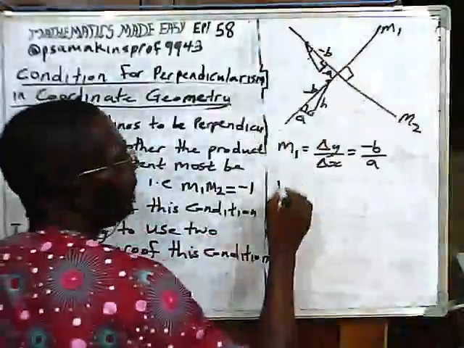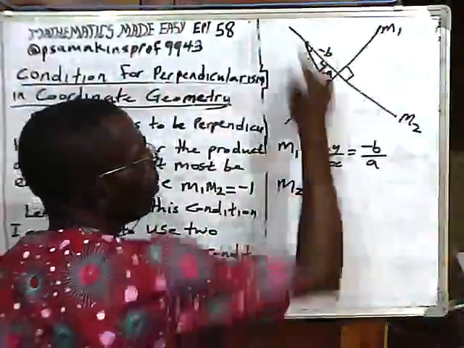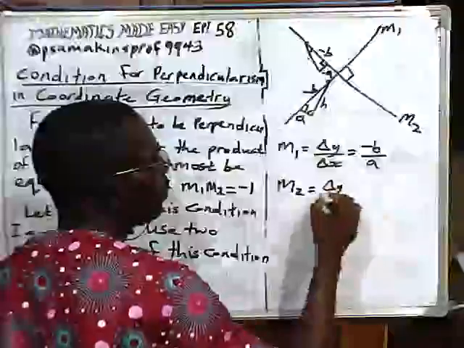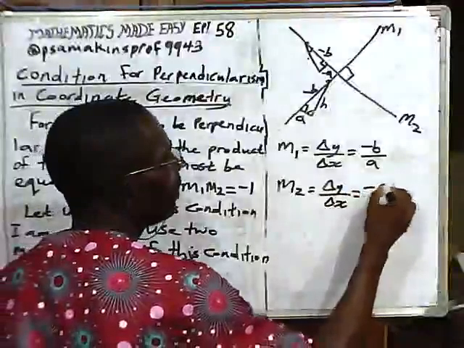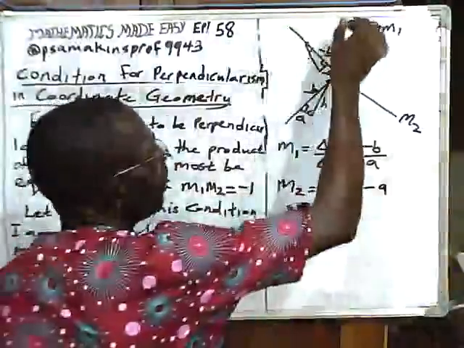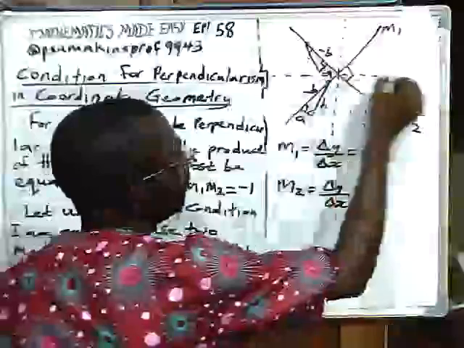So that means M2 will now be equal to the change in Y also over the change in X, which is -A, because they are on the negative side if we take our coordinates on this pattern.